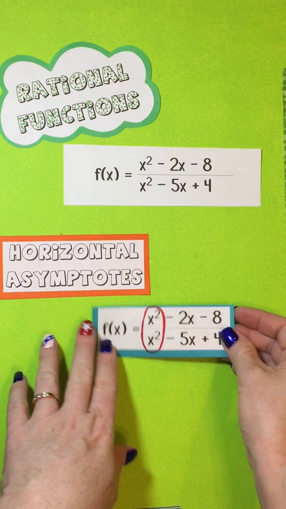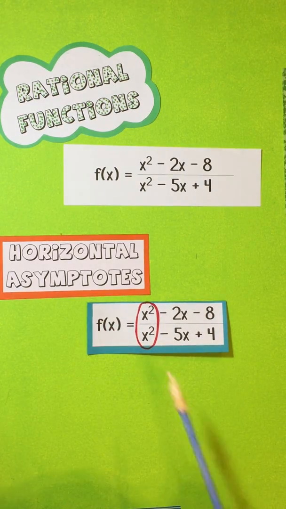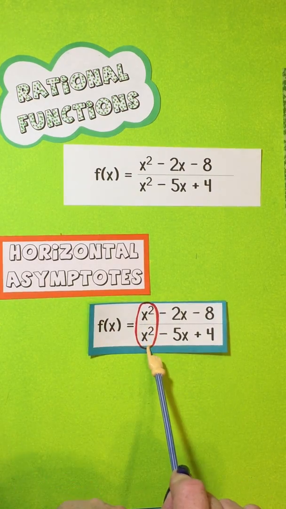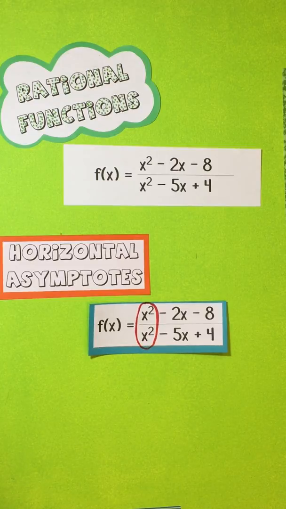What we're going to do is only look at the leading term in the numerator and the leading term in the denominator. With our horizontal asymptotes, when we take a look at the terms, we are going to look at the degrees.